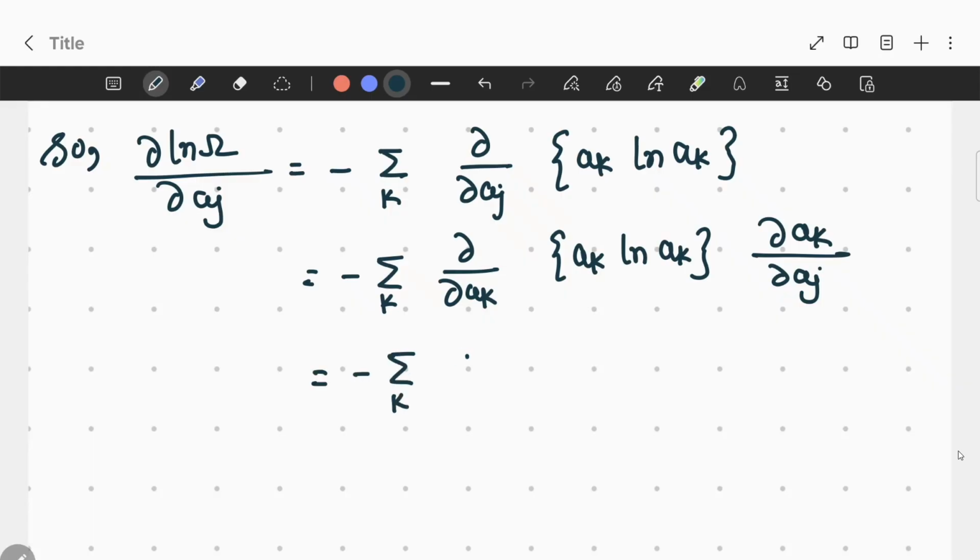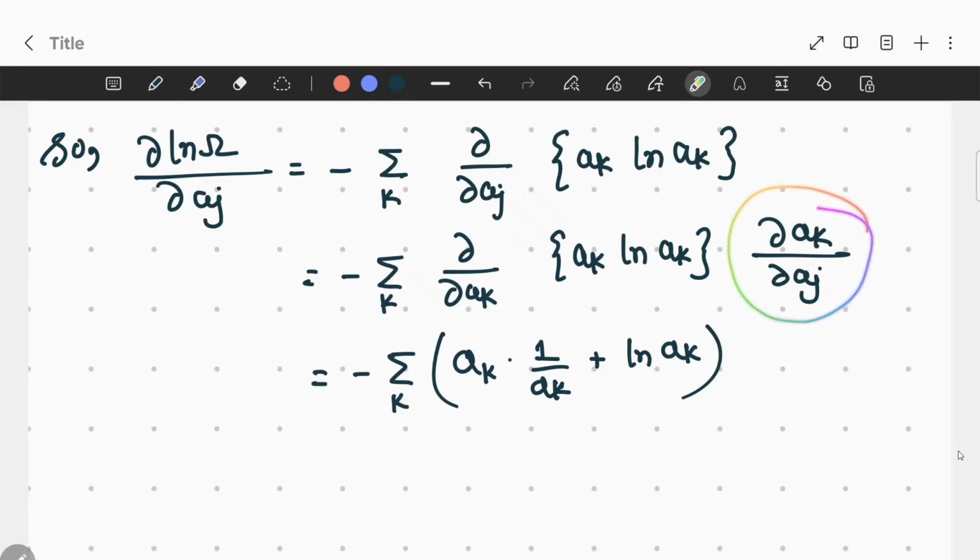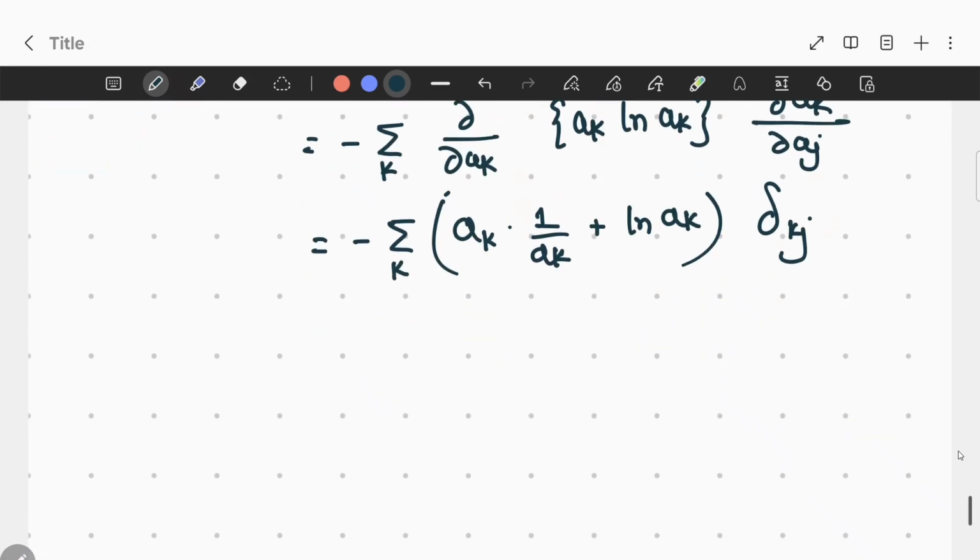This term is first a_k and then 1 by a_k plus ln a_k. Is it clear? And this part, what is this part? Can you recognize this term? The cross term. Kronecker delta. Yes, Kronecker delta kj. If k equal to j, then it's 1, otherwise it is 0.